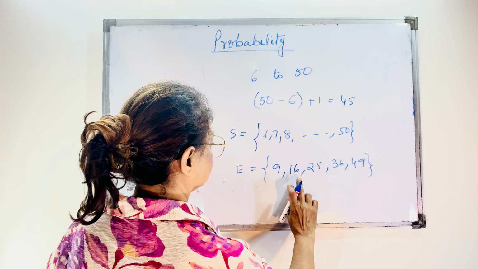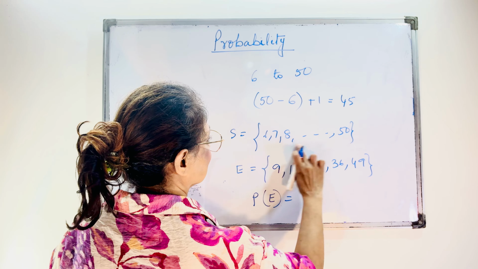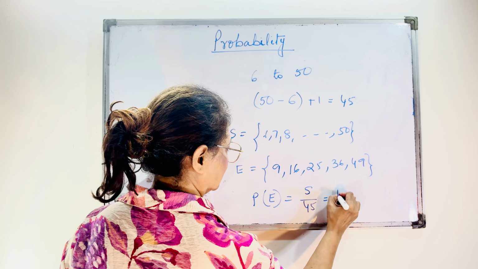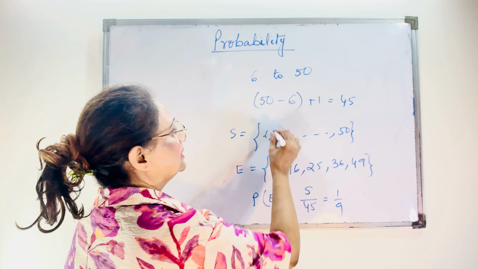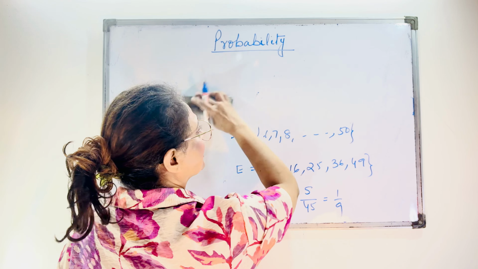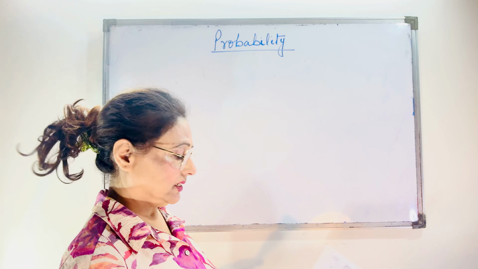How many are there? 5. So the probability of E would be 5 by 45, simplified. Number of numbers, if first and last are taken, plus 1. If first and last are not considered, then it is B minus A minus 1.